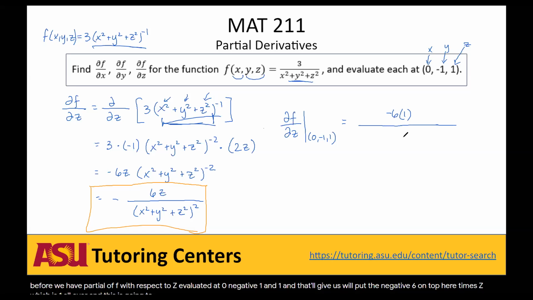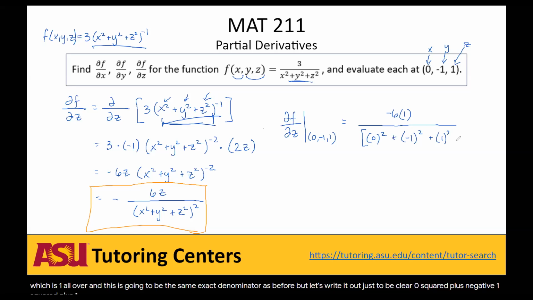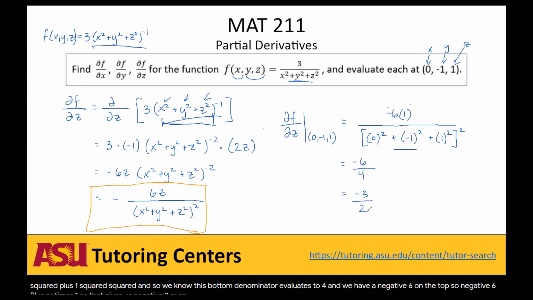And this is going to be the same exact denominator as before, but let's write it out just to be clear. 0 squared plus negative 1 squared plus 1 squared, squared. And so we know this bottom denominator evaluates to 4. And we have a negative 6 on the top, so negative 6 times 1. So that gives us negative 3/2 for our final value.